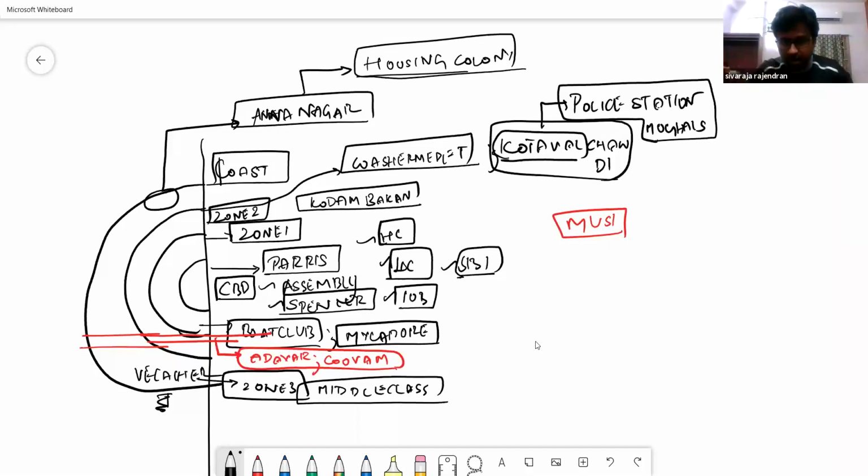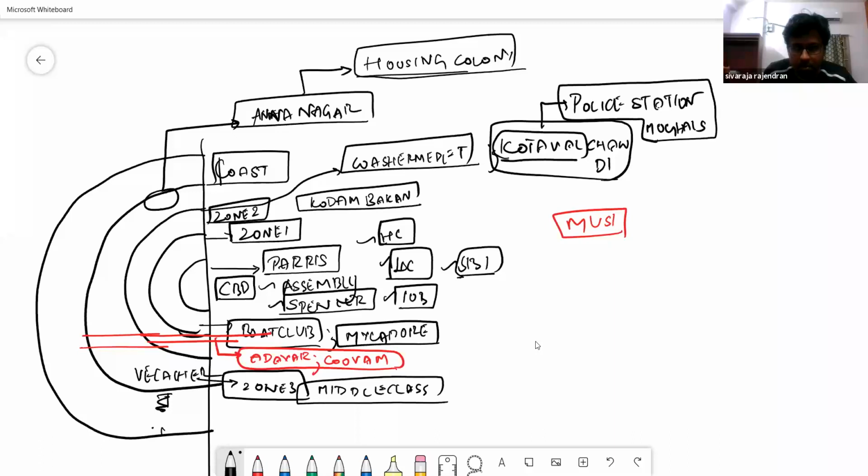But I am saying that Anna Nagar, the next zone, on the side of Tambaram, this is where I live. Tambaram actually was like a rural town, but now it is becoming an improved thing.